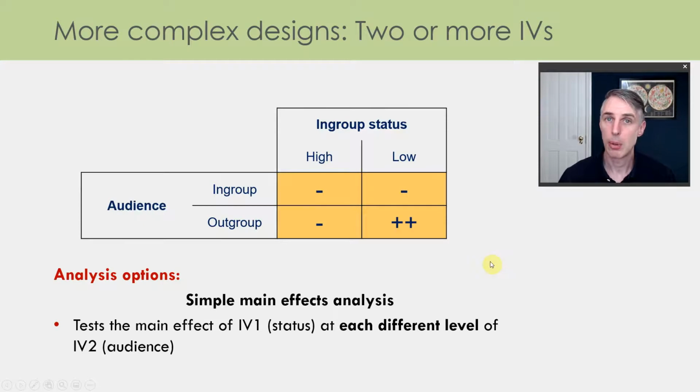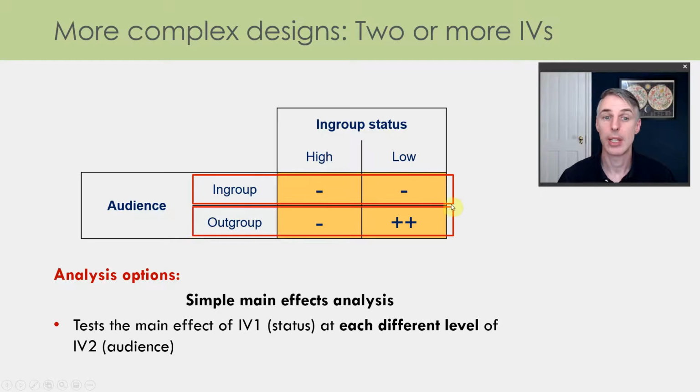Now the simple main effects analysis tests the effect of status, high versus low, separately in the in-group audience condition and then again in the out-group audience condition. So it tests the effect of status broken down at each level of audience.